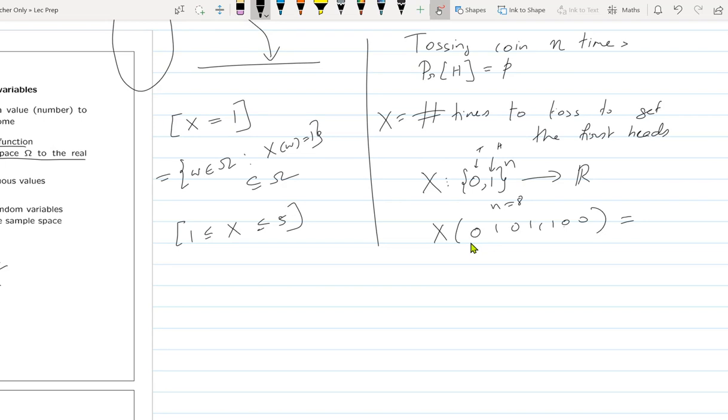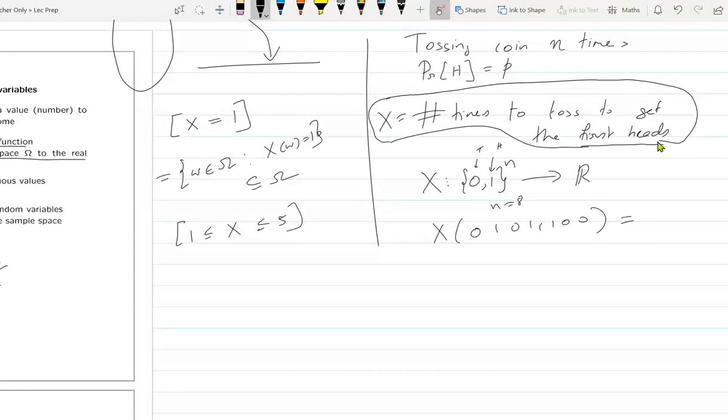Somebody said 4. Sir, why is it 4? Because in that series we are getting 4 heads, and our requirement is the number of tosses to get the first head.